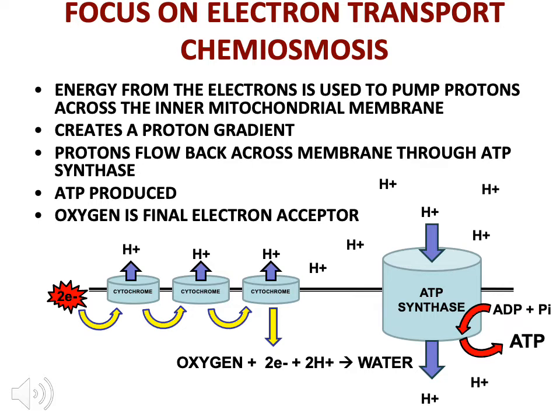We take our energized electrons, far left. The energized electrons get passed from the first cytochrome to the second cytochrome to the third. The energy on those electrons is going to be used to pump protons from one side of the membrane to the other. So you will notice that each of those cytochromes features a little fat purple arrow pointing upwards.